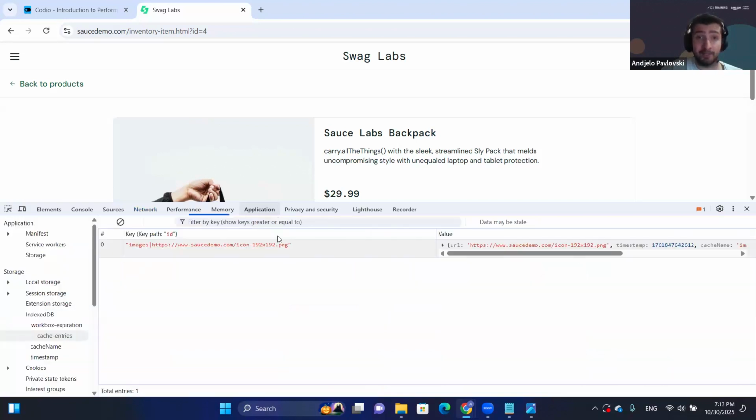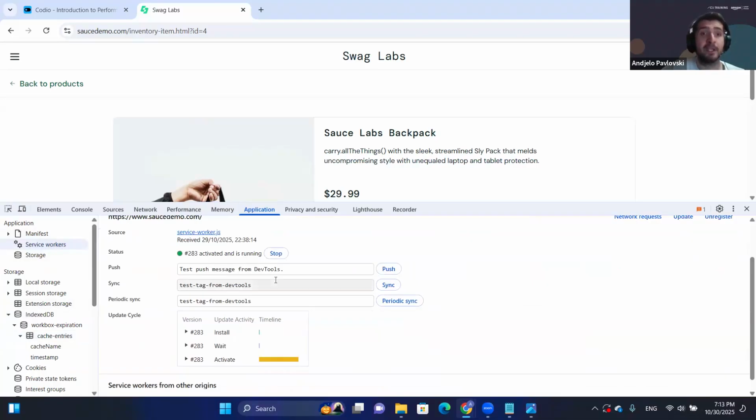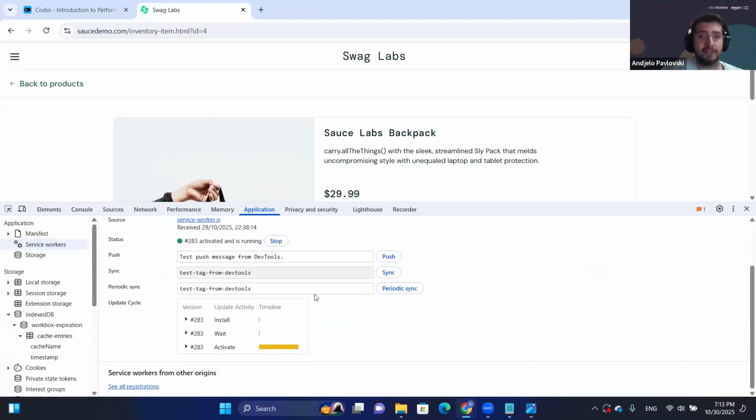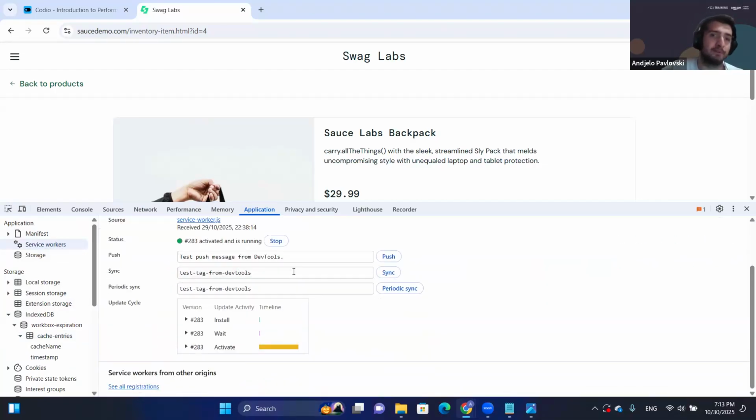Moving on, we also have the application section. Now, this application section here, you can use if you want to check something related to storage. You can select the service workers here, and when you open it, you will see information about the Sauce Demo page regarding the service workers. Basically, you have all the data storage that you can find.